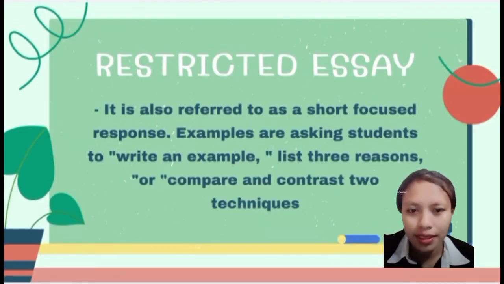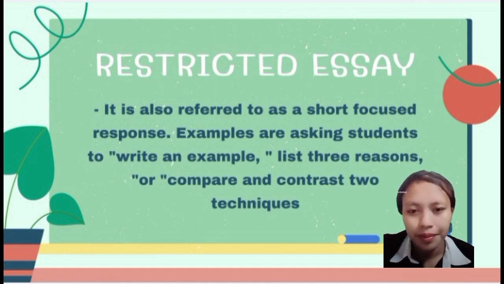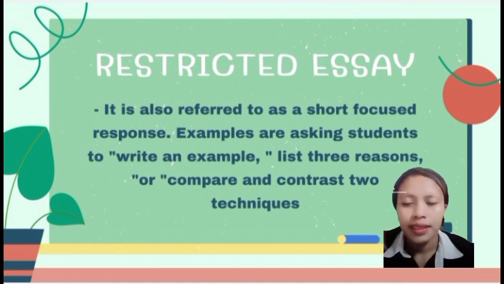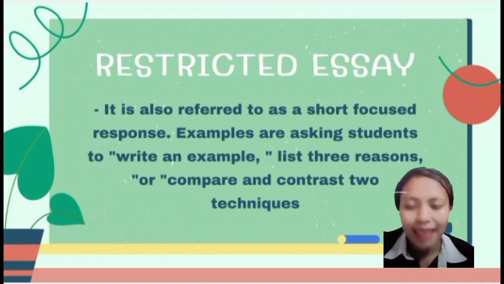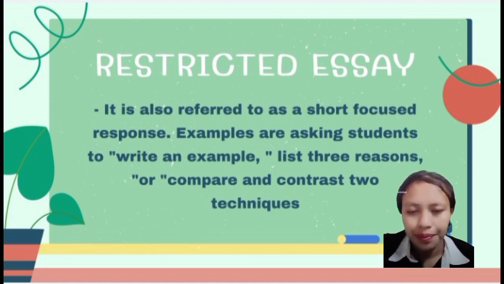In a restricted essay, the prompt asks for a specific response to compare and construct two different types of renewable energy source. The essay should be focused and direct, addressing only the specific points requested.